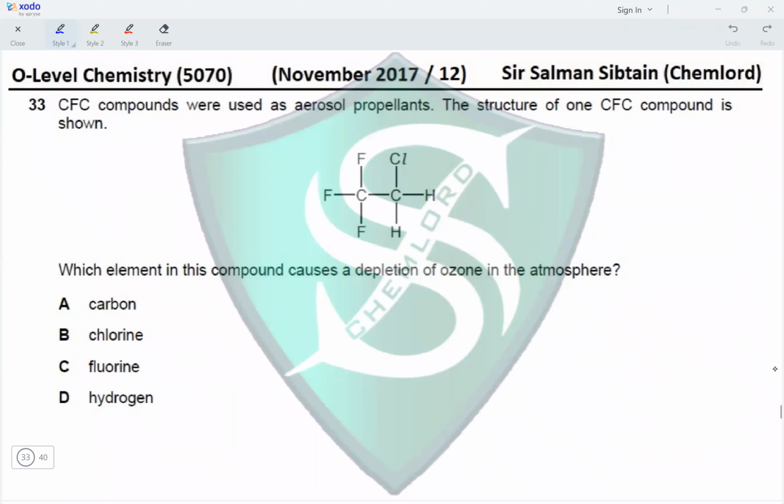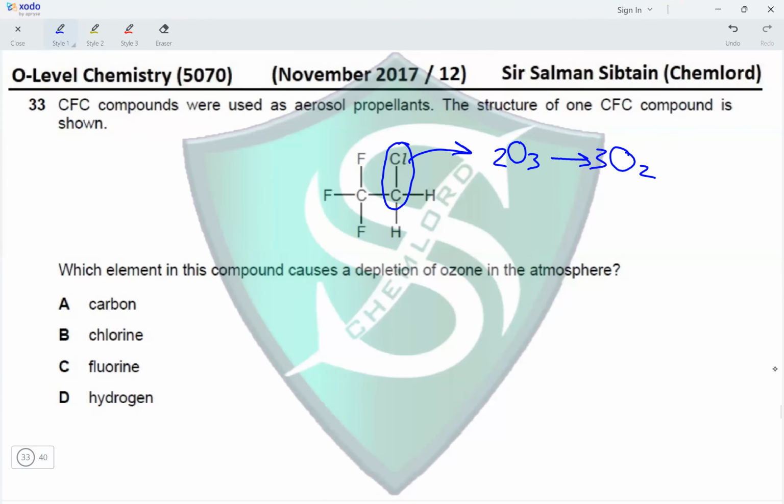Question 33. CFC compounds were used as aerosol propellants. The structure of one CFC compound is shown. Which element in this compound causes a depletion of ozone in the atmosphere? When this compound goes into the atmosphere, the C-Cl bond breaks, releasing chlorine, which reacts with ozone and converts it into oxygen.